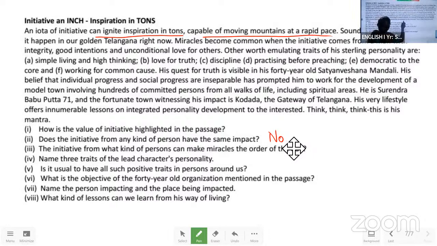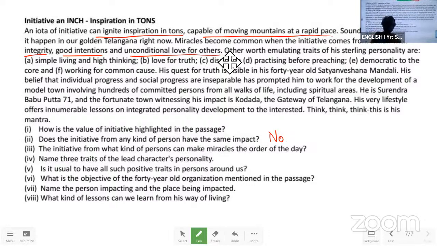A man having integrity, good intentions, and unconditional love for others. Integrity, where you are very honest, where you believe in the good of other people with good intention, and when you have love for your fellow mankind, only then you can have this kind of initiative.